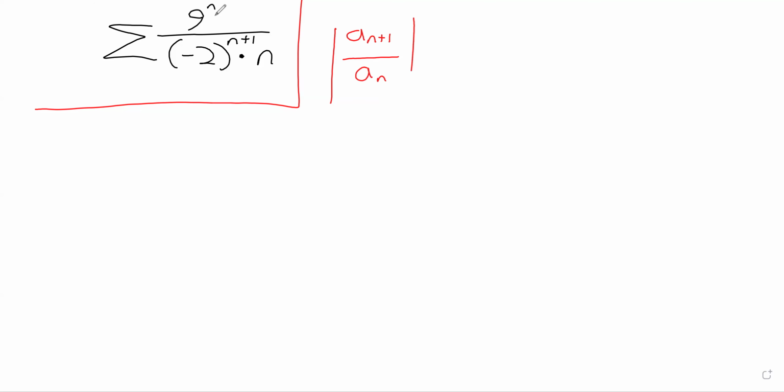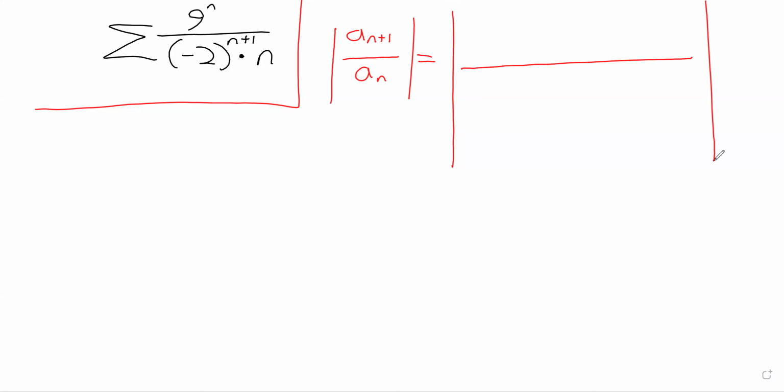But even though this is a messy looking expression, and these a sub n plus 1s and a sub n's are going to make a messy fraction, it's probably easiest in the end to just brute force this with the ratio test. And if the ratio test fails, well, then we can try something else.